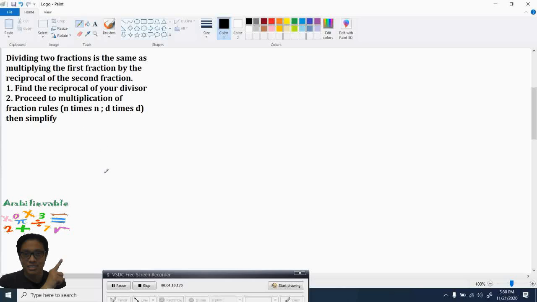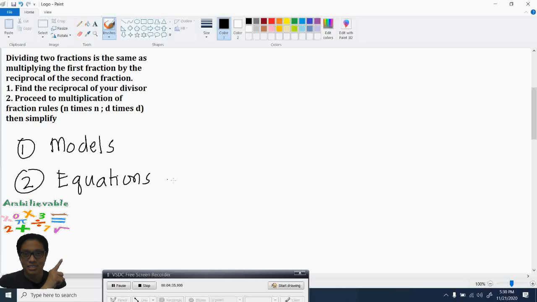This time, I will be going to give you 2 ways on how to solve a division of fraction. First, we will be solving through models. And number 2, we will be solving the division of fractions by equations.